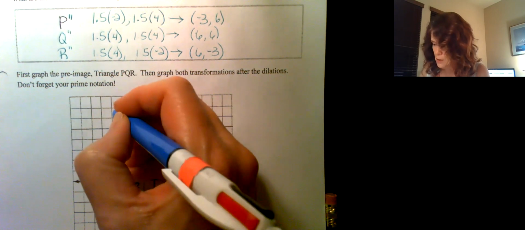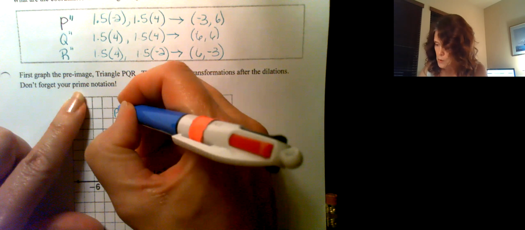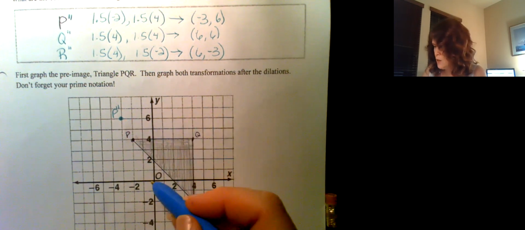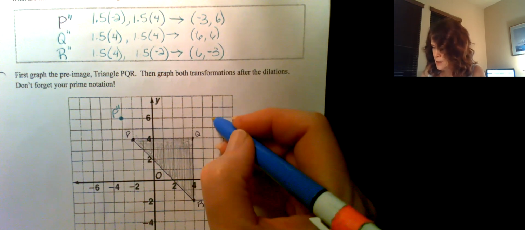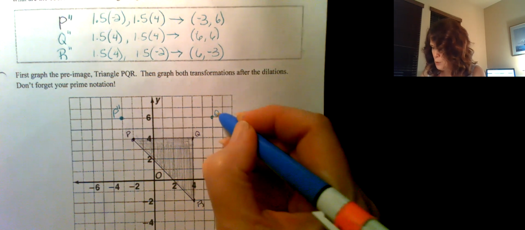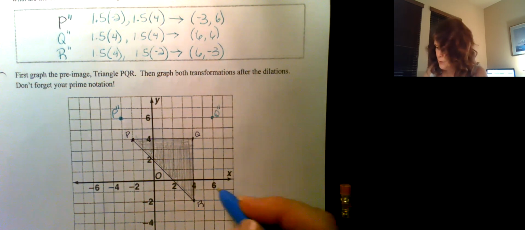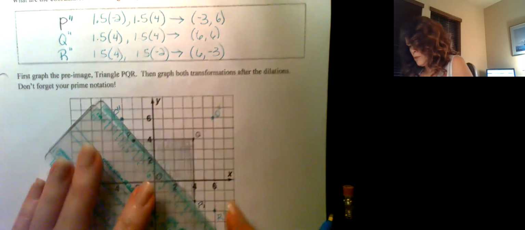And that's going to be, for us, it was a second or double prime, okay? Second transformation. Q is going to be 6, 6. And it's going to be Q double prime. And R we did was 6, -3. Right here. And that was our R double prime. Okay. So this was green.